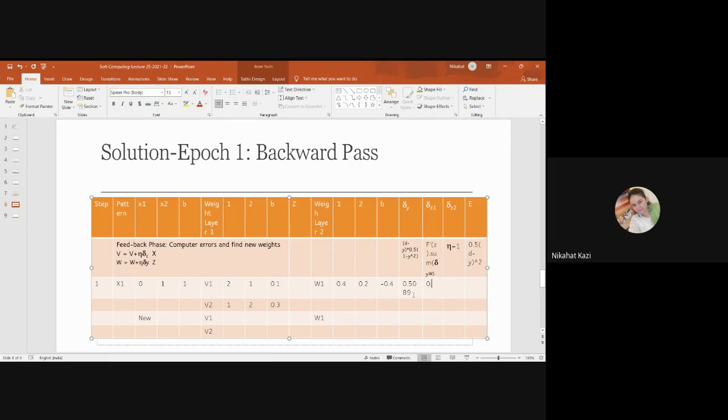It is simply this signal multiplied by the weight which is connecting, multiplied by f dash of z. Use this equation. f dash z है, क्या मिला आपको? 0.0763 I am getting.